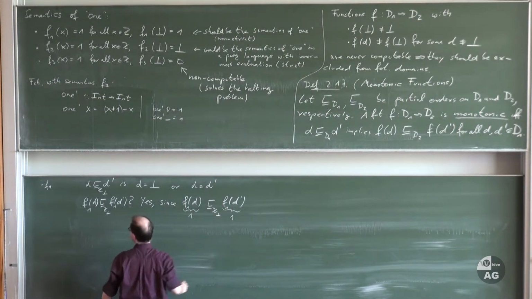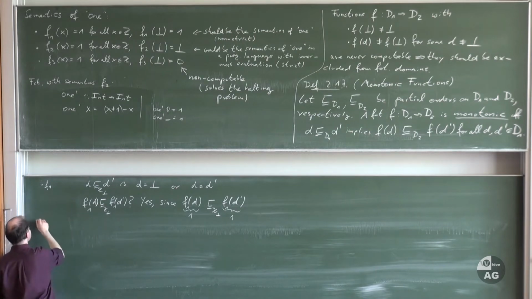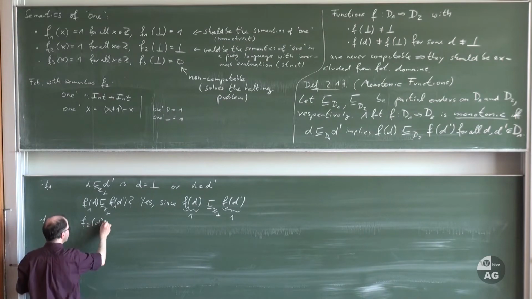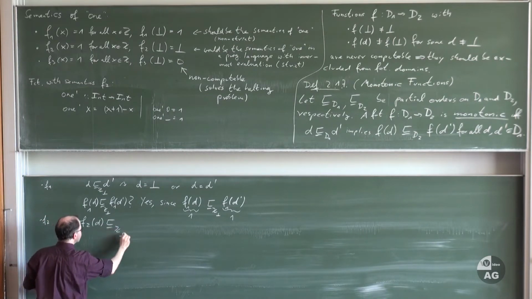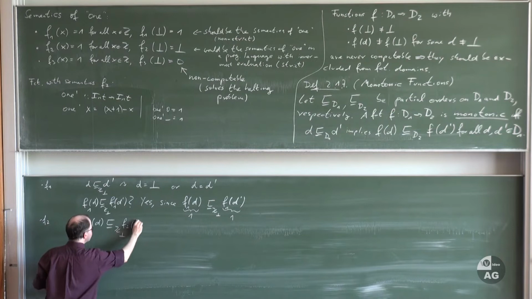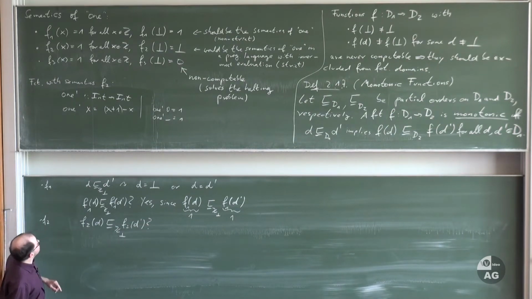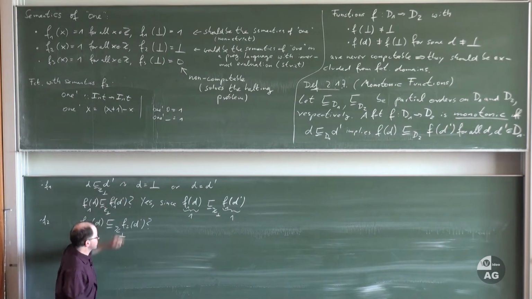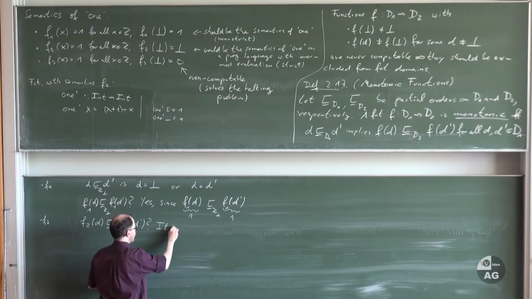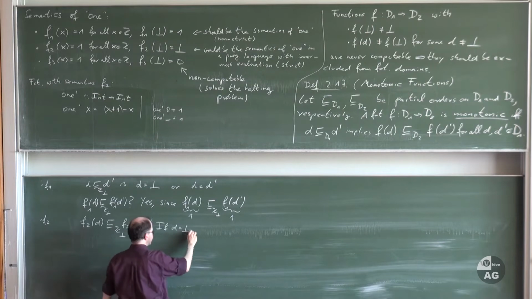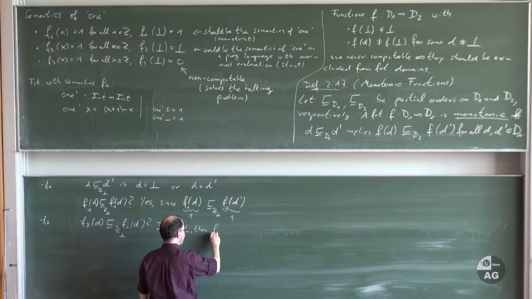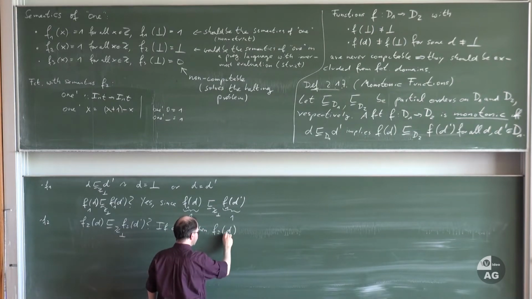What about f2? Does it hold that f2 of d is less defined or equal to f2 of d prime? Well, let's look at the first case. The first case is d is bottom. If d is bottom, then we have f2 of d, which is bottom.